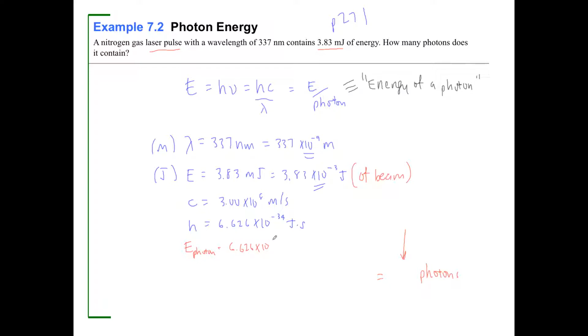6.626 times 10 to the minus 34 joule seconds times 3.0 times 10 to the 8th meters per second. Those seconds will cross off, over 337 times 10 to the minus 9 meters.